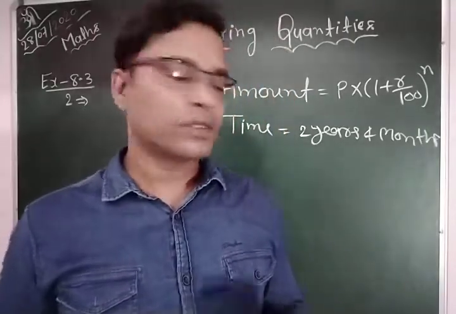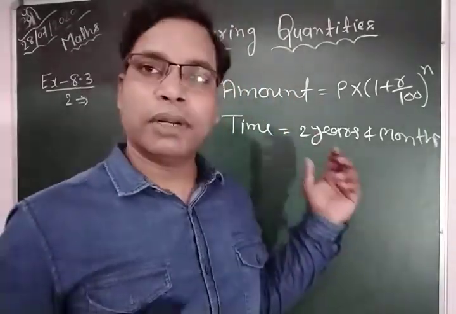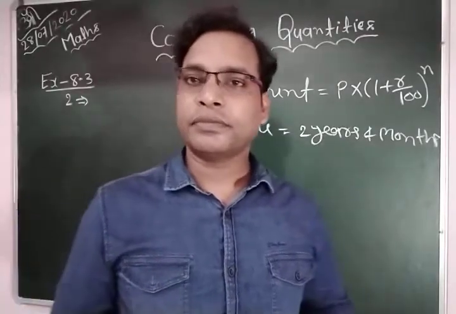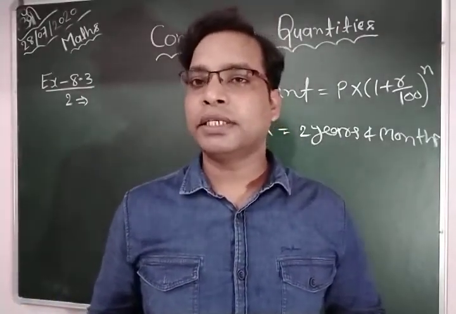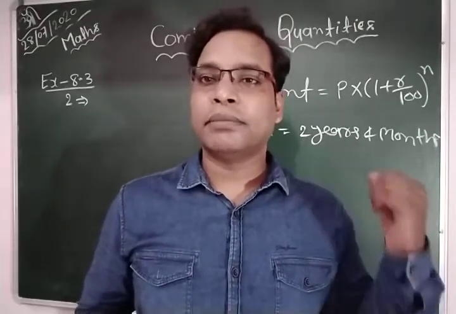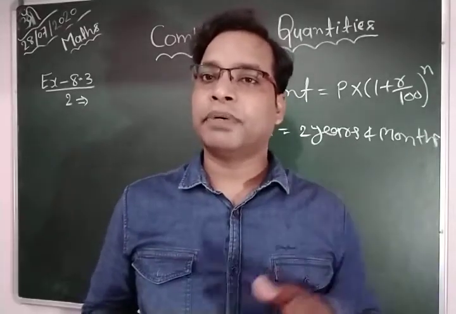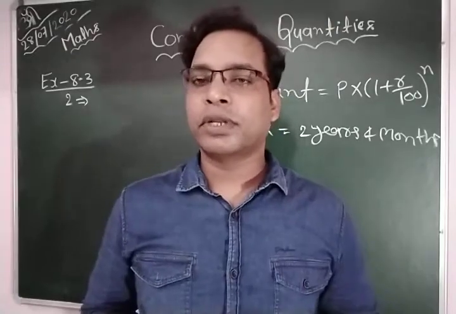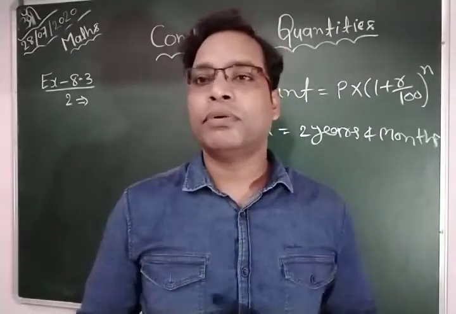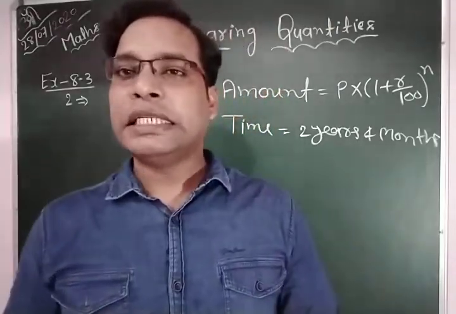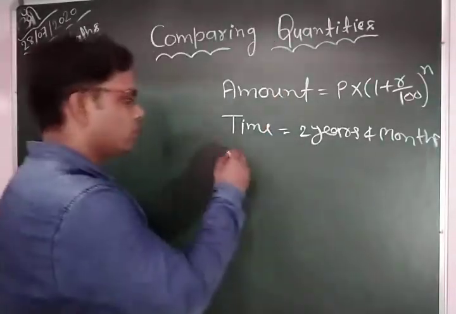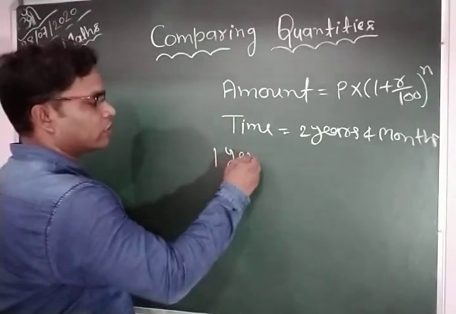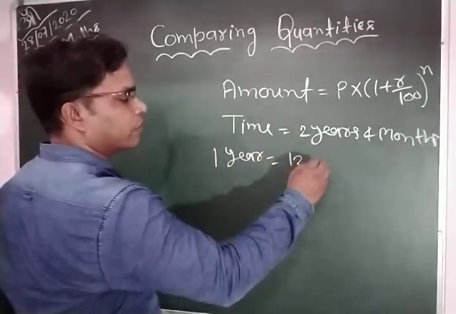So first we find the amount for 2 years, and after this we find the simple interest, and we take this amount as the principal for 4 months. We convert 4 months into years. You know that 1 year is equal to 12 months.